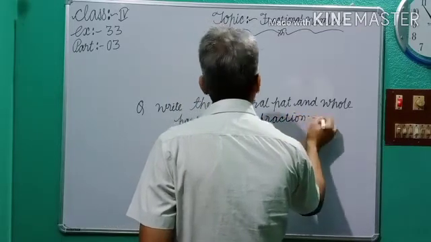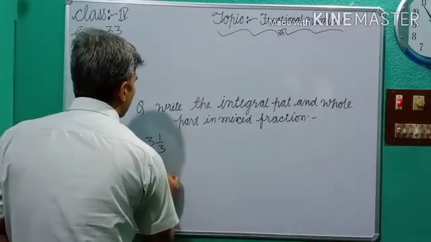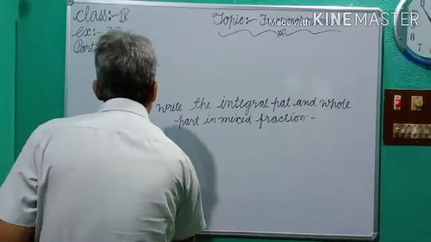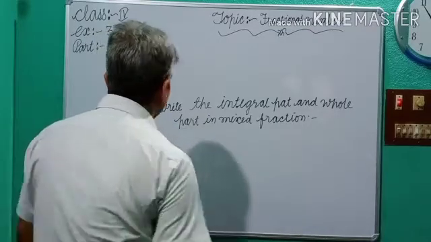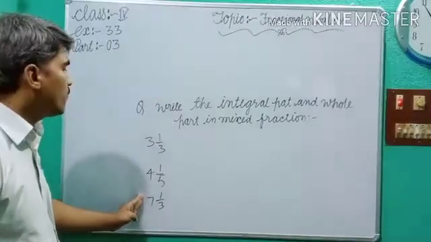Dear students, I have taken some examples: 3 upon 1 by 3, 4 upon 1 by 5, and 7 upon 1 by 3. Dear students, all are mixed fractions in front of you.